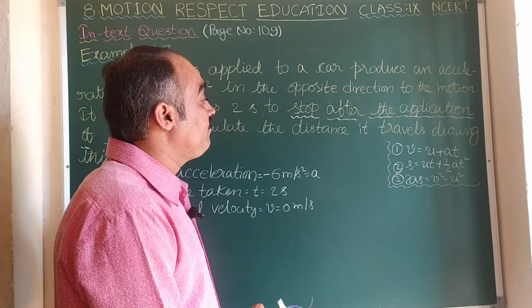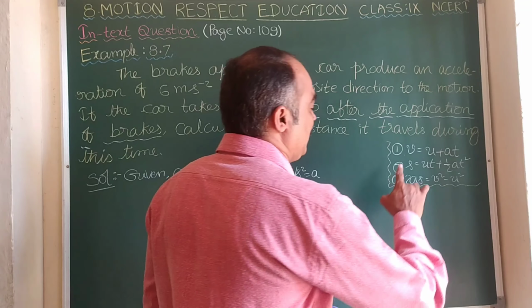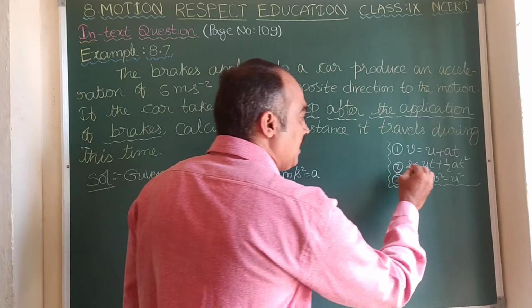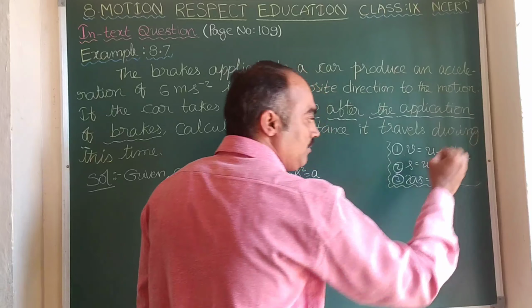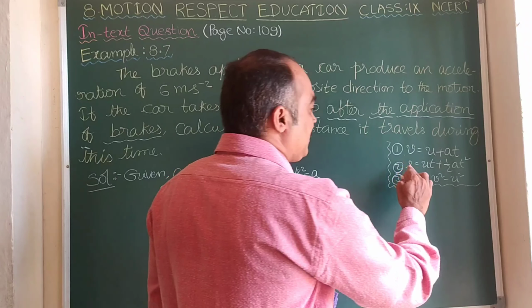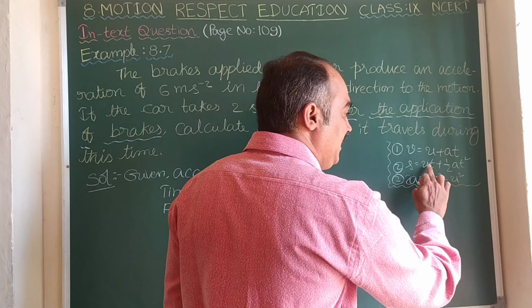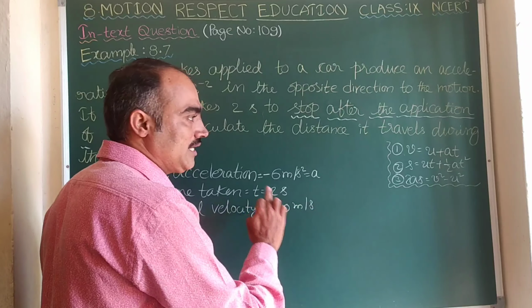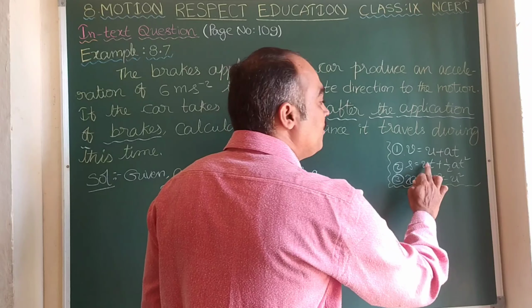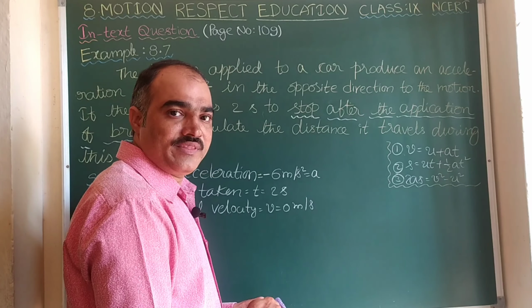Now here, if you observe carefully, we are asked to find s. That means we can apply either the second or the third equation. If we select the second equation, we need t, which is already given as 2 seconds, and a, which is also given as minus 6, but u is not given.